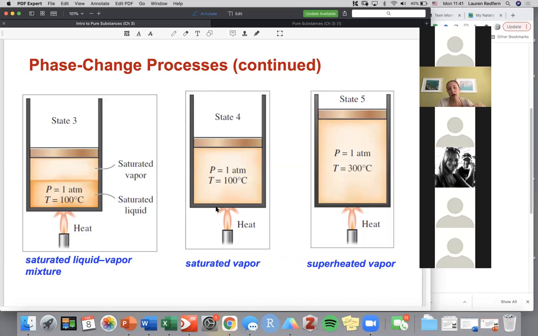Then point 4 is saturated vapor. So all of the liquid water has been vaporized, but it's still close to that liquid vapor point. It hasn't fully become superheated. If we continue to apply heat up to 300 degrees Celsius, now we have point 5, which is a superheated vapor.